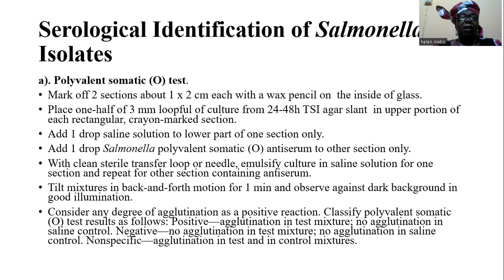This is mixed properly, emulsified in saline solution, and then you tilt the mixture back and forth for a minute, and then you observe for agglutination. Positive, it's Salmonella. The polyvalent somatic antigen test is positive if agglutination occurs in the test mixture, but no agglutination in the saline control.